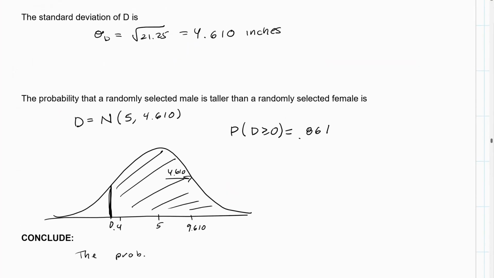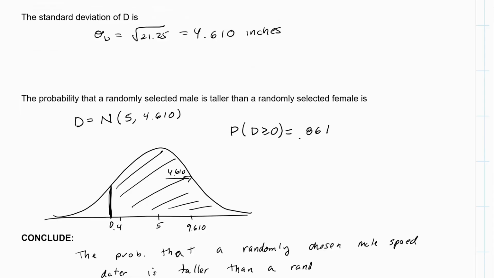So conclusion, the probability that a randomly chosen male speed dater is taller than a randomly chosen female speed dater is 0.861, or about 86% chance that the male will be taller than the female.